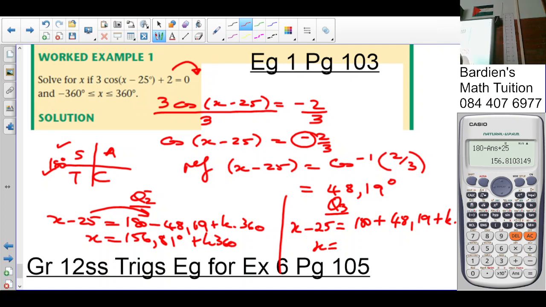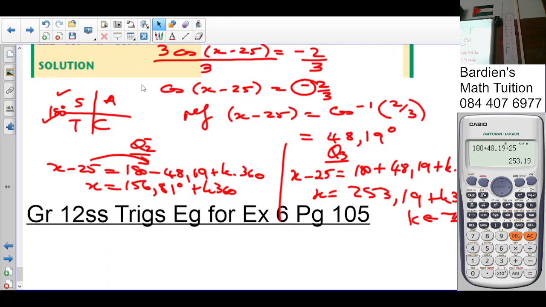So x works out to be 180 degrees plus 48,19 plus 25, which gives us 253,19 plus k times 360, where k is an element of the integers.